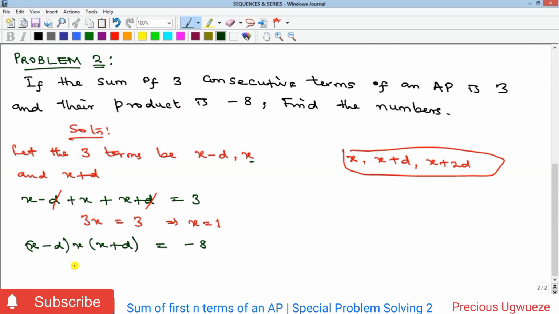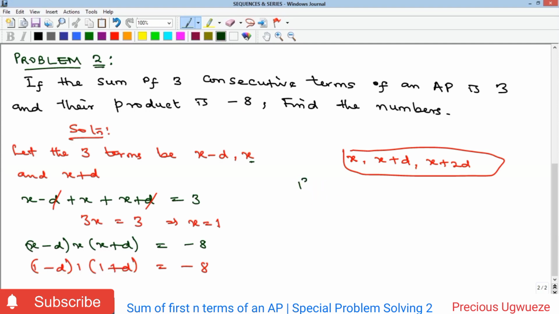All right. So here we have our x as 1. If we substitute x as 1, we'll have (1 minus d) times 1 times (1 plus d) equal to -8. Of course, the 1 will multiply and go away, so we just have this times this. You can see that it's just a difference of two squares.